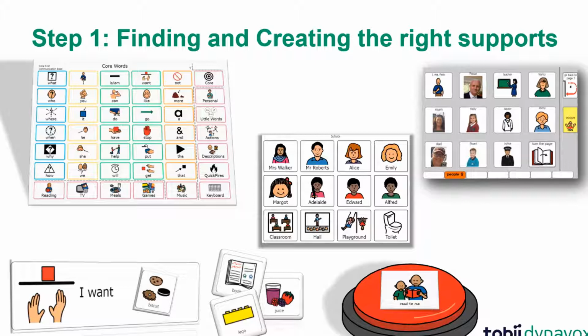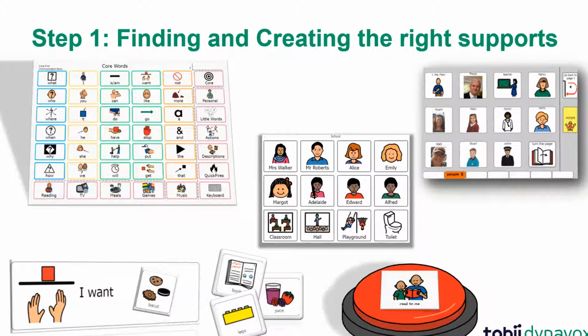We talked a little bit this week about the different types that we can make, whether it's somebody that's using PECs or maybe some switch support, maybe a communication book, a pod, some topic boards, some aided language displays in around the setting. So it's important that we make sure that we're choosing what's right for our learner.